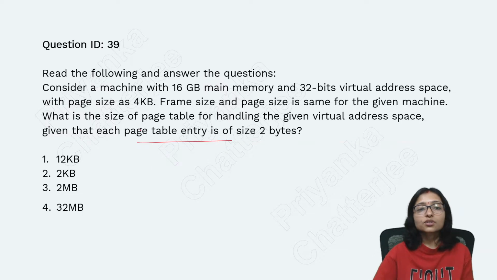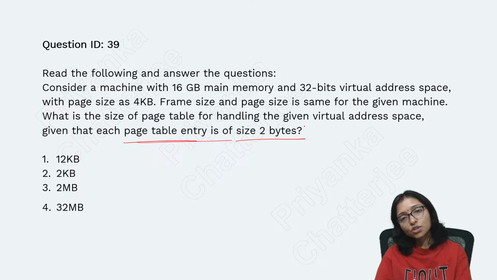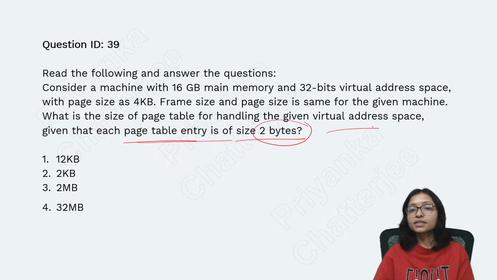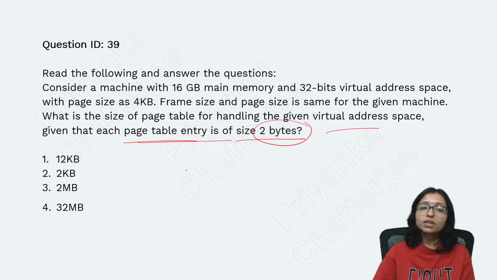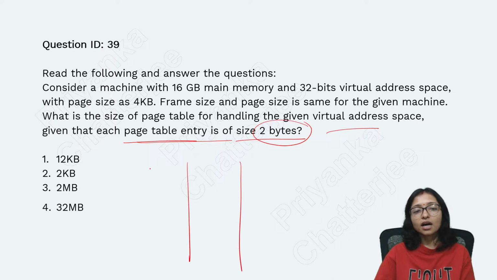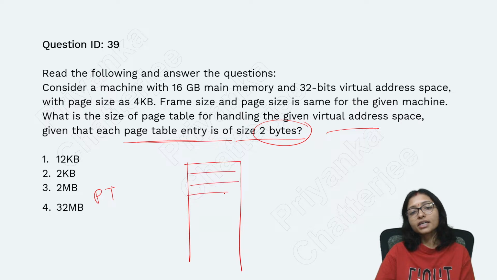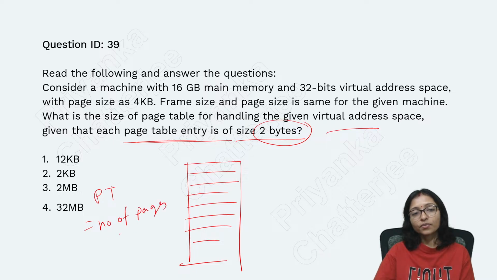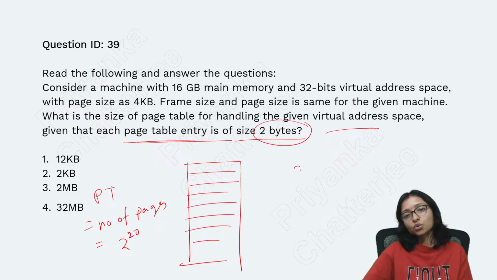Now the next was that the page table entry is 2 bytes. So what is the page table size? How many entries will be there in the page table? Total number of entries will be equal to the number of pages. The number of pages is 2 to the power 20, so 2 to the power 20 entries are there.